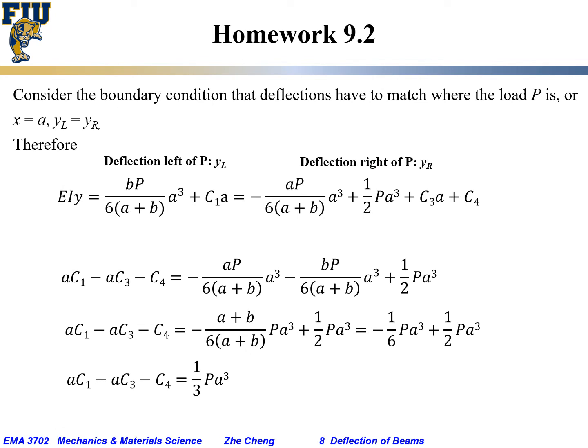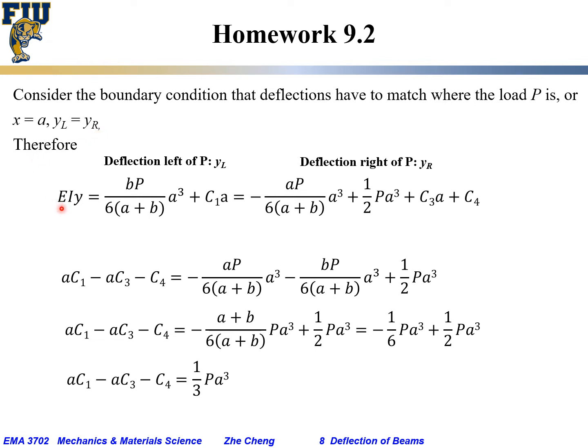Now let's consider the additional boundary condition that deflection has to match where the load P is, or at x equals A. At the G point, the deflection from the left side analytical equation has to match the deflection from the right side analytical equation.